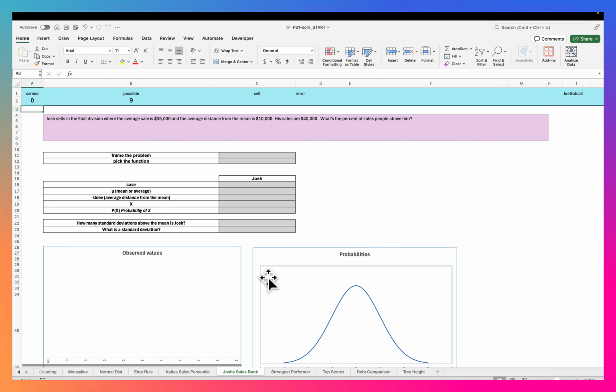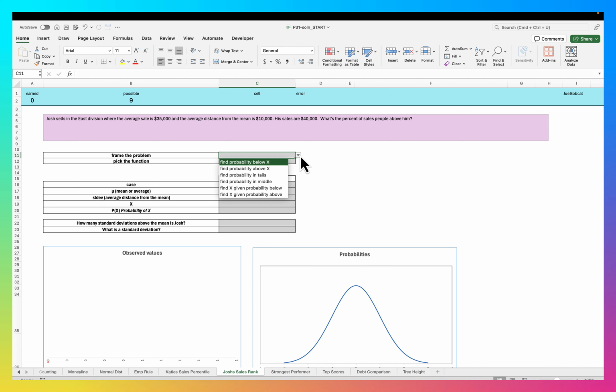Okay, let's go over here. Josh's sales rank. Josh sells in the East Division where the average sale is 35,000, average distance from the mean is 10,000, and his sales are 40,000. What percent of salespeople are above him? So let's frame the problem, which is to find the probability above x. We want to know the percent of people above him. Pick the function.